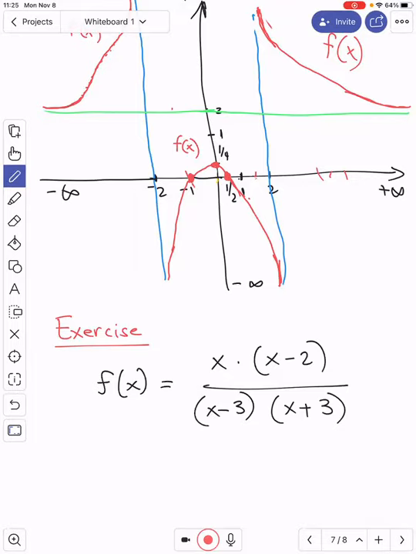You know what? We can take probably 2x here. Okay, 2x times x minus 2. All right.